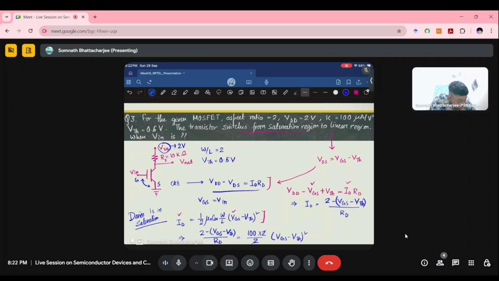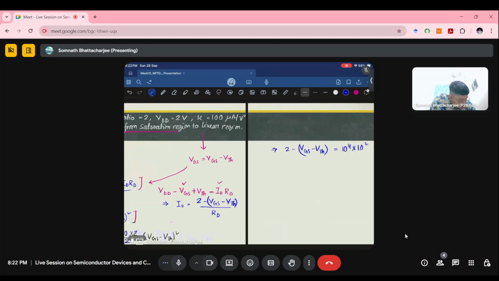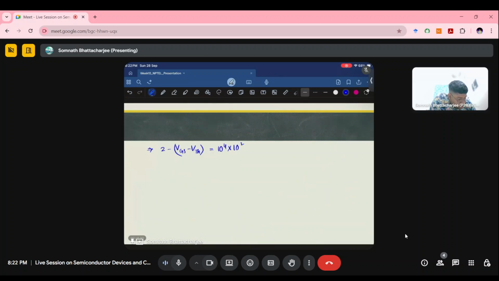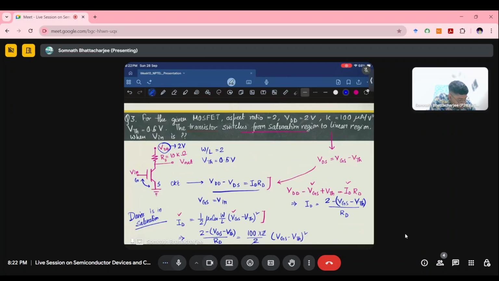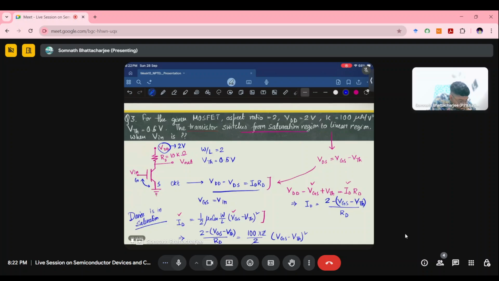So this will be 10 to the power 4 times 10 to the power 2 into VGS, that is microampere, so it will be 10 to the power minus 6 here.